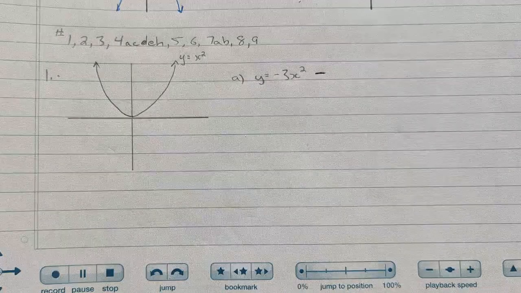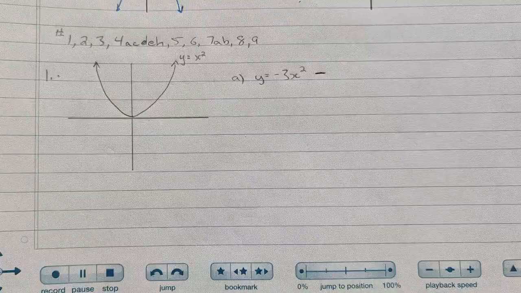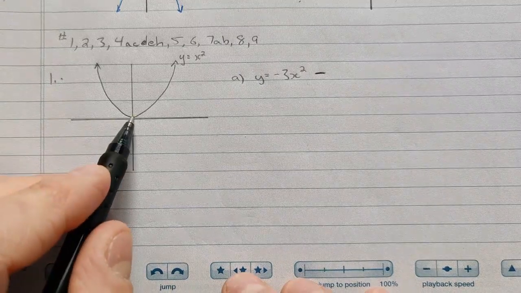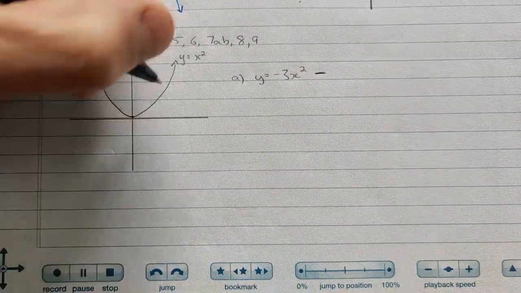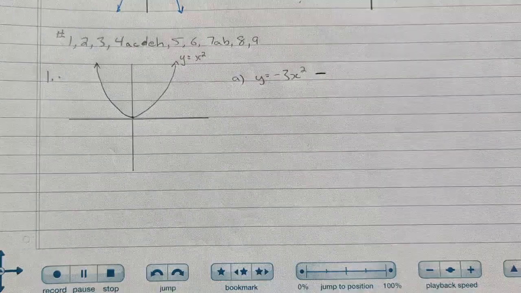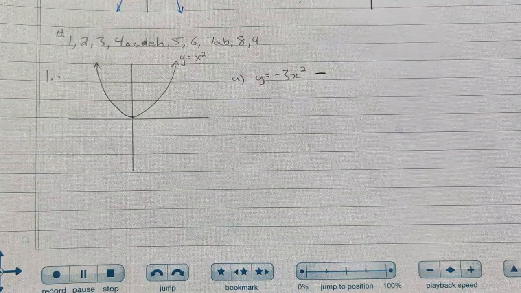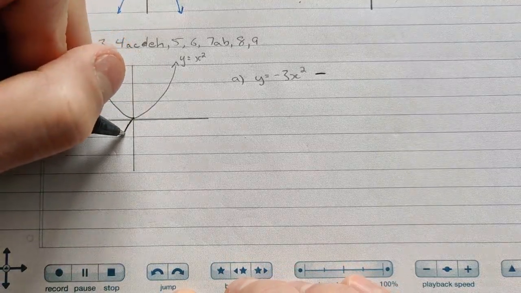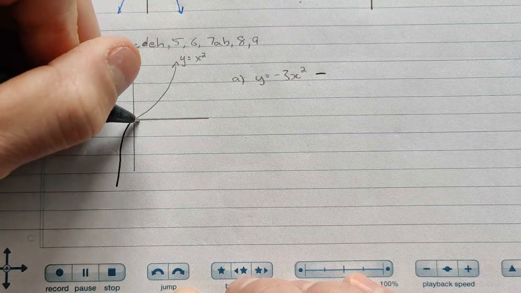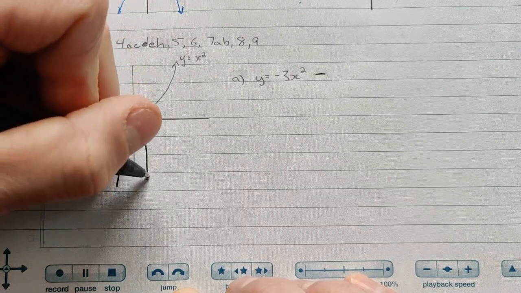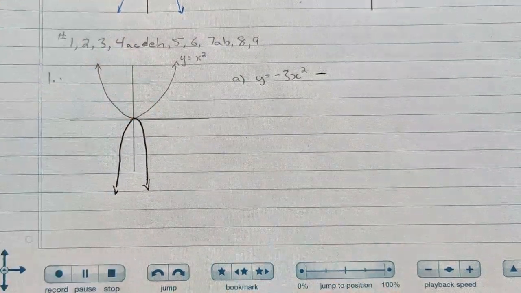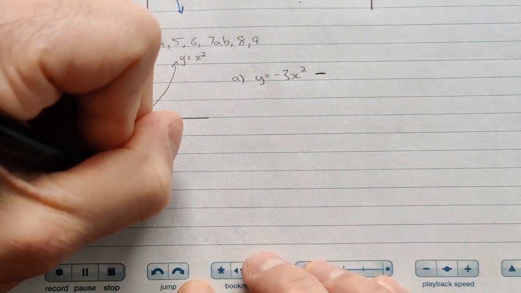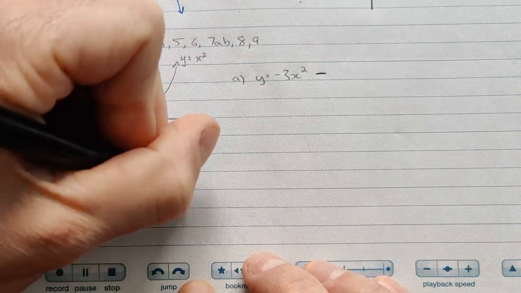Negative A means it flips the graph over the x-axis in this case. And then the stretch: it's greater than 1, so stretch it, graph opening narrower. Because we're sketching, kind of exaggerate the changes here.